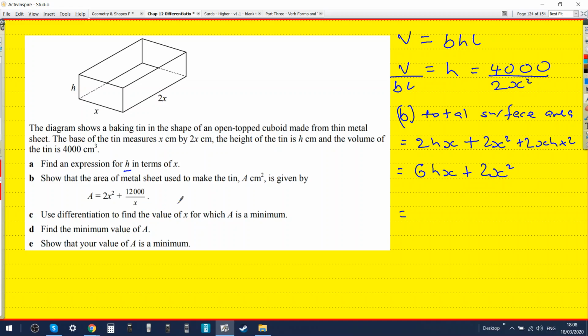Spot the difference. What's the main difference between what we have and what they have? H. They don't have h. So they worked out the height. We also worked out the height in terms of x in part A.